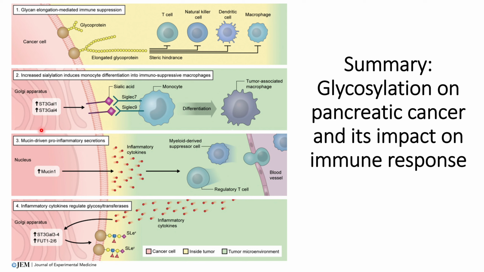Because of the reprogramming in the pancreatic cancer cells, enzymes such as ST3-GAL1 and ST3-GAL4, which are responsible for sialic acid, are upregulated. This causes upregulation of sialic acids on the pancreatic cancer cells, and these sialic acids directly interact with Siglec-7 and Siglec-9 expressed on the monocytes, thereby helping differentiation of the monocyte towards the M2 phenotype macrophages.